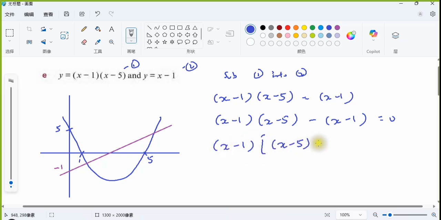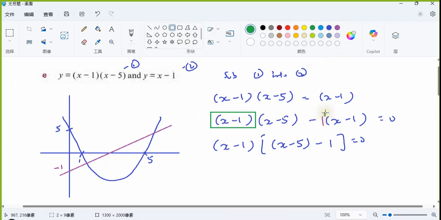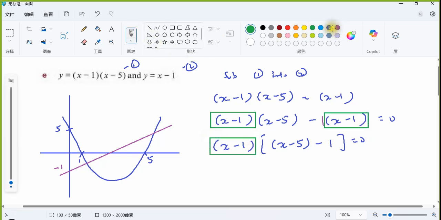Then we have x minus 1 times x minus 5 minus 1 equal to 0. Actually, I can expand this, but I think it's easier if we do the factorization, x minus 6 equal to 0. So x equal to 1 and x equal to 6.